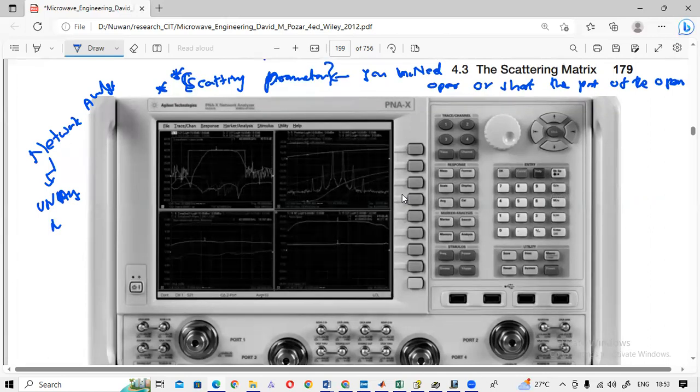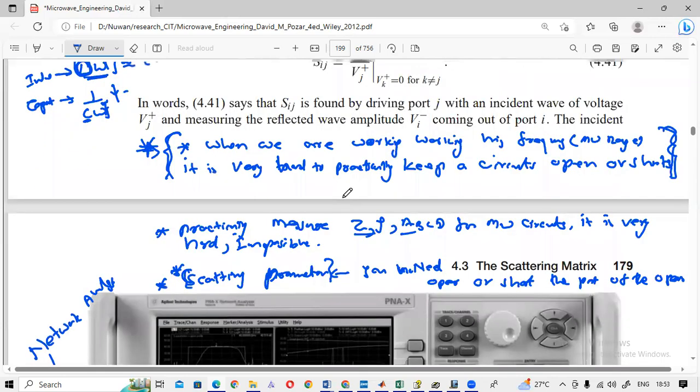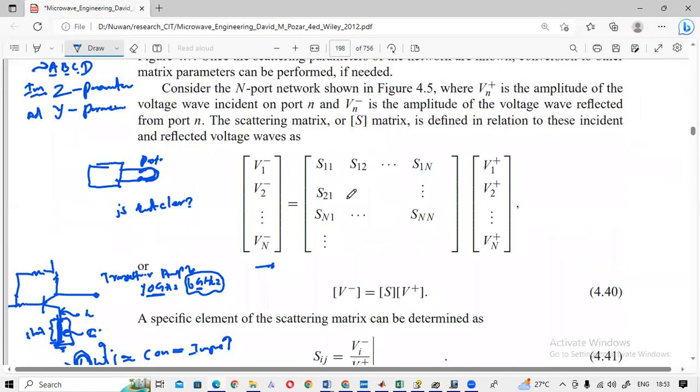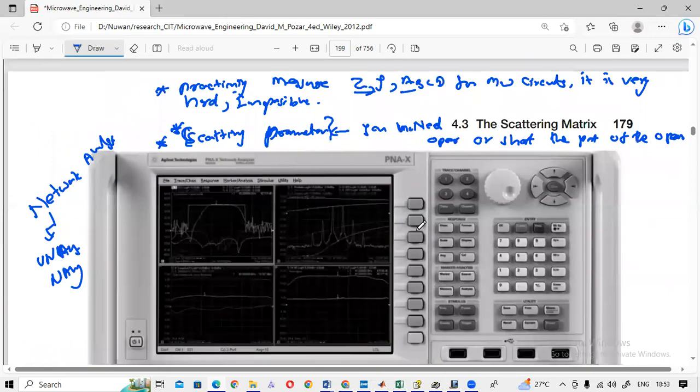Using this, you can measure the scattering parameter. We have one practical session, which we will do after this part. You have to measure the S parameters of different microwave circuits using this network analyzer.